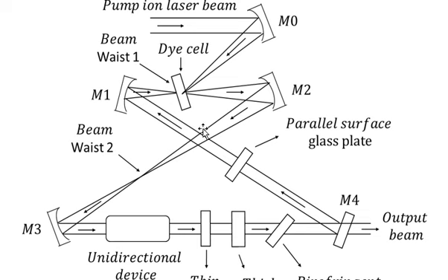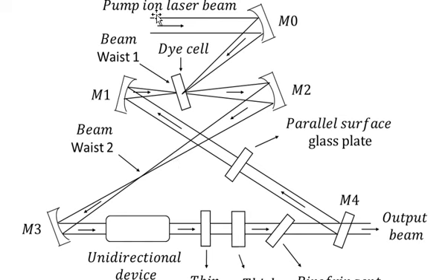So the folded ring cavity laser ring resonator is formed by the mirrors M1, M2, M3 and M4, where M4 is a plane mirror, which is a partially reflecting mirror acting as an output coupler. So the folded ring resonator forms from M1 to M2, then M2 to M3, then M3 to M4, and then back from M4 to M1.